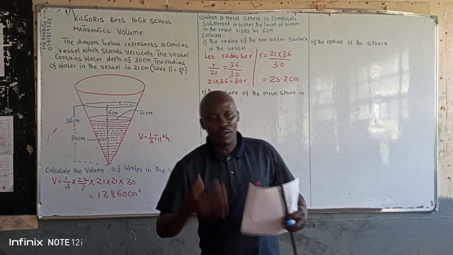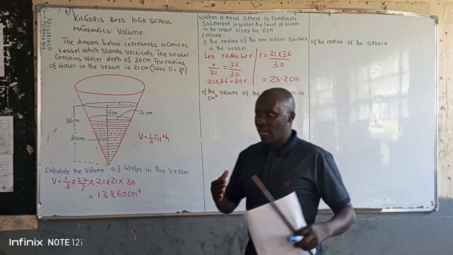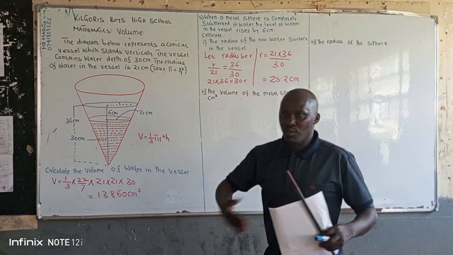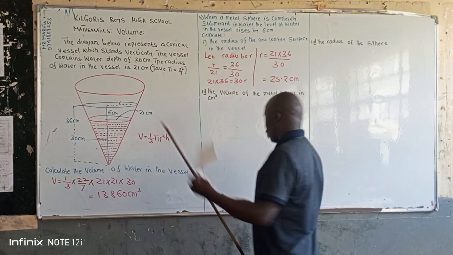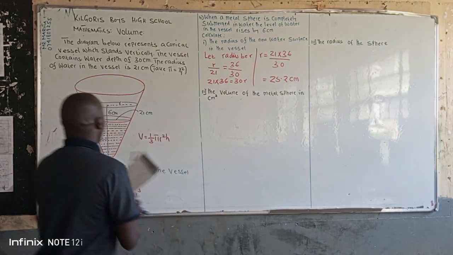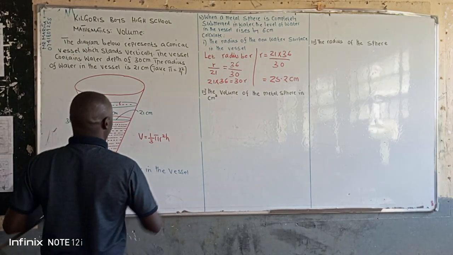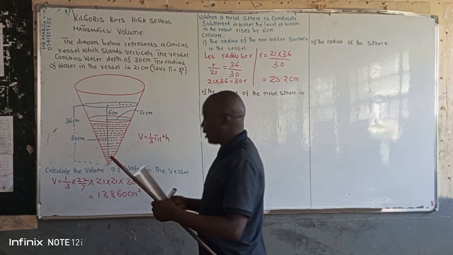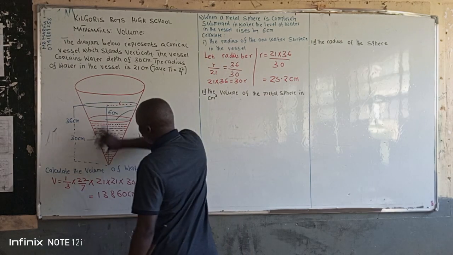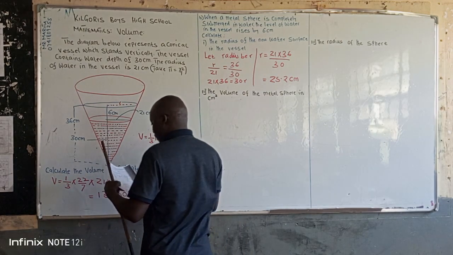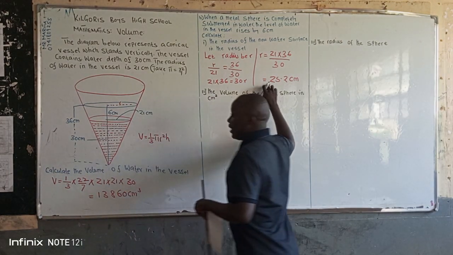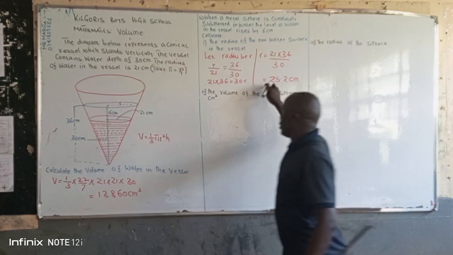The volume of the sphere is the volume of water displaced. So we start by first getting the volume of the large cone, using the 36 centimeters and the radius of 25.2 centimeters.